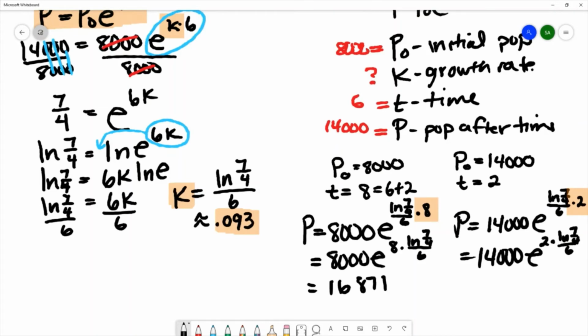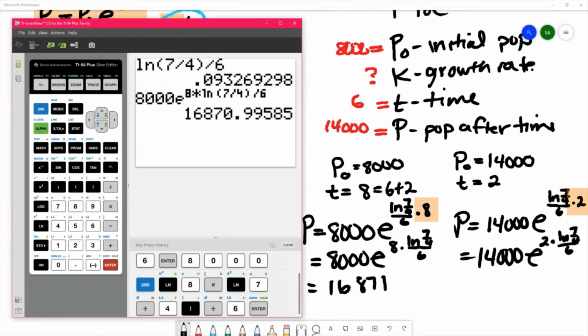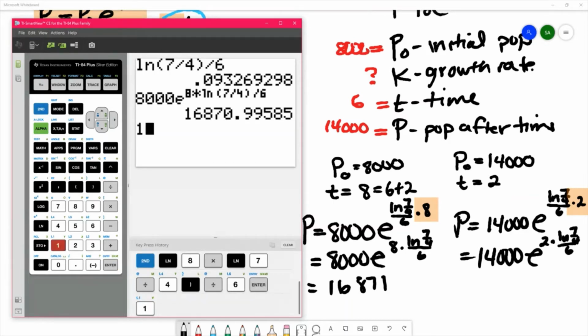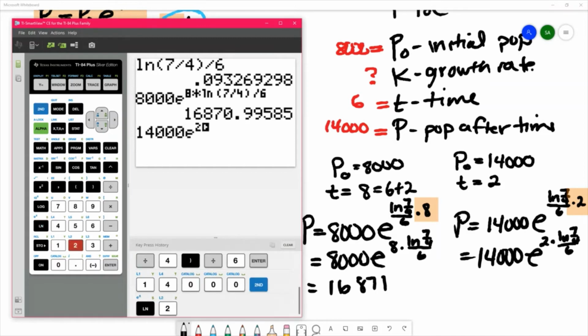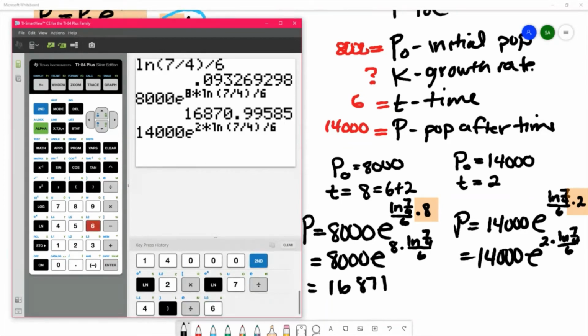And let's type the other one to make sure it comes out to be the same amount. We have 14,000 e to the 2 times natural log of 7/4 divided by 6.